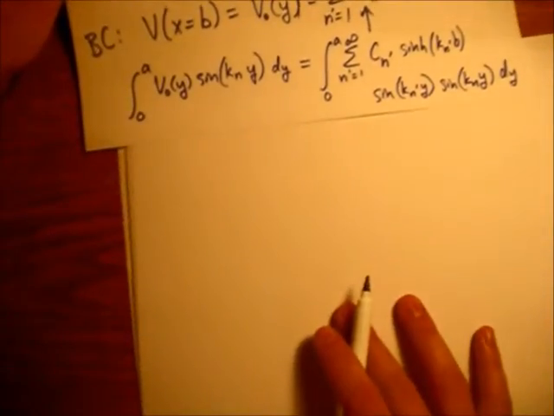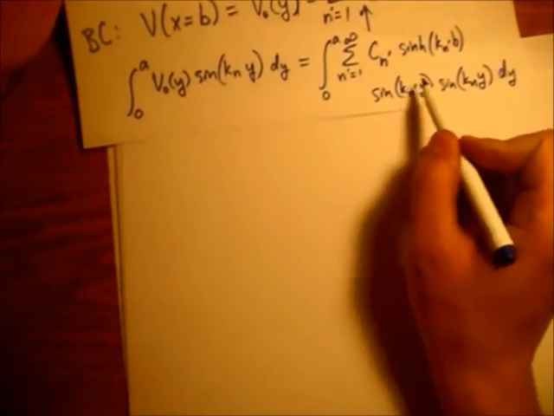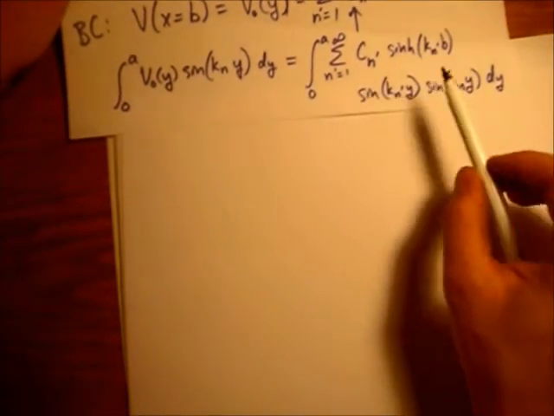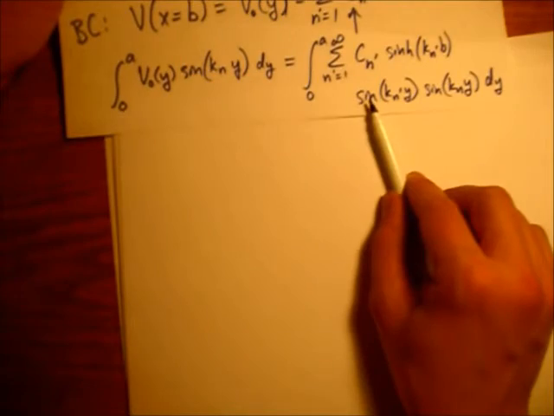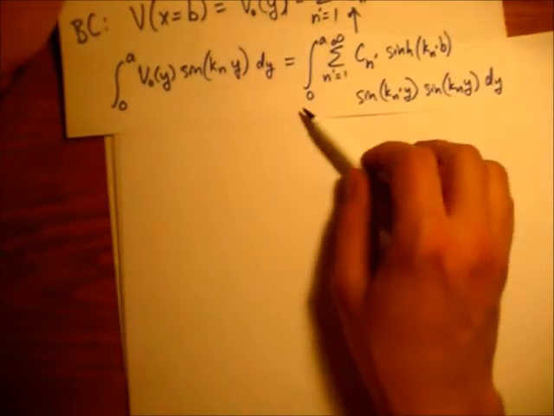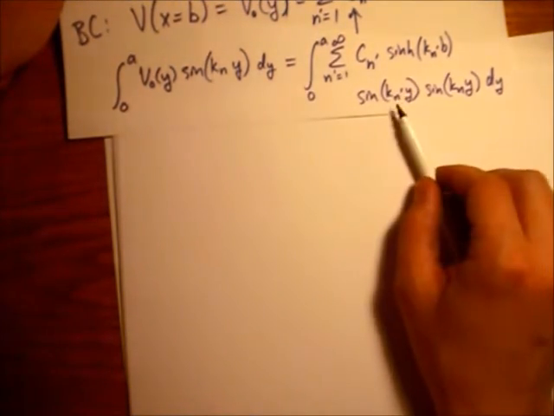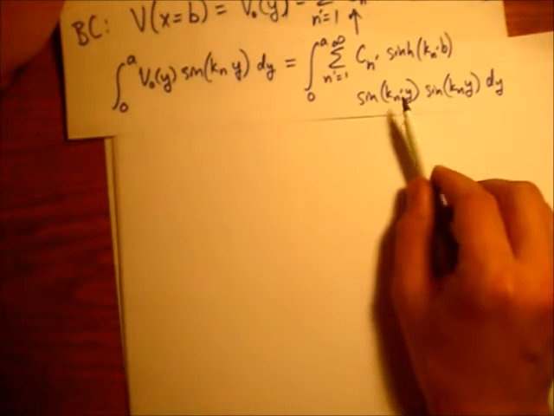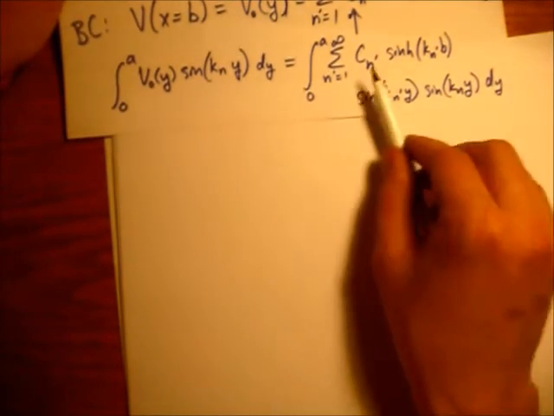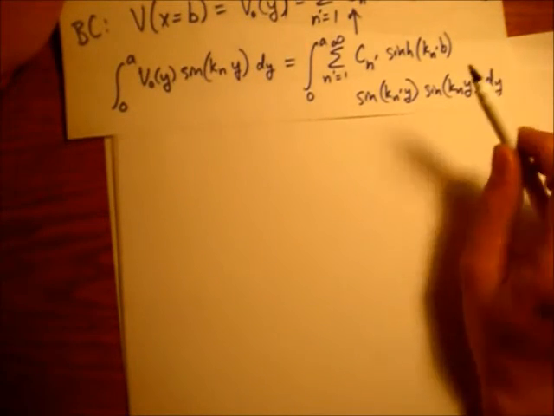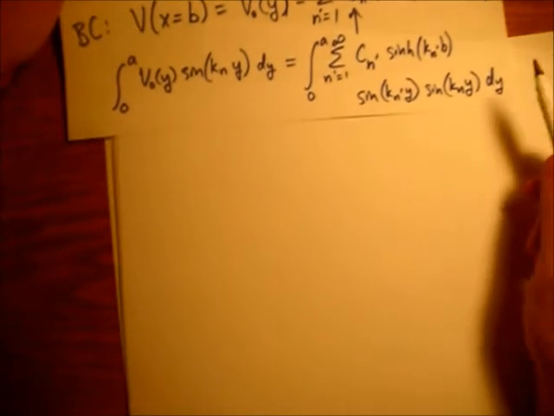So, Fourier's trick exploits the orthogonality between these two sine functions. As we integrate over this, if n prime is not equal to n, then the integral will go to 0. It's kind of like a Dirac delta function.